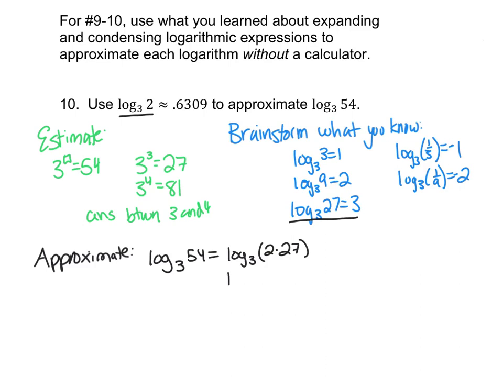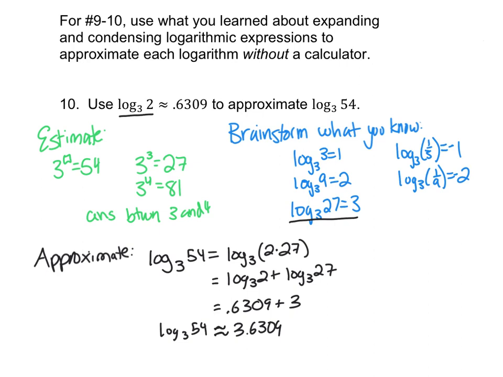This is going to give me log base 3 of 2 plus log base 3 of 27. Log base 3 of 2, they gave me the approximation, is about 0.6309, and log base 3 of 27 is 3. So therefore, my approximation of log base 3 of 54 is 3.6309. And of course, we could check this on a calculator.